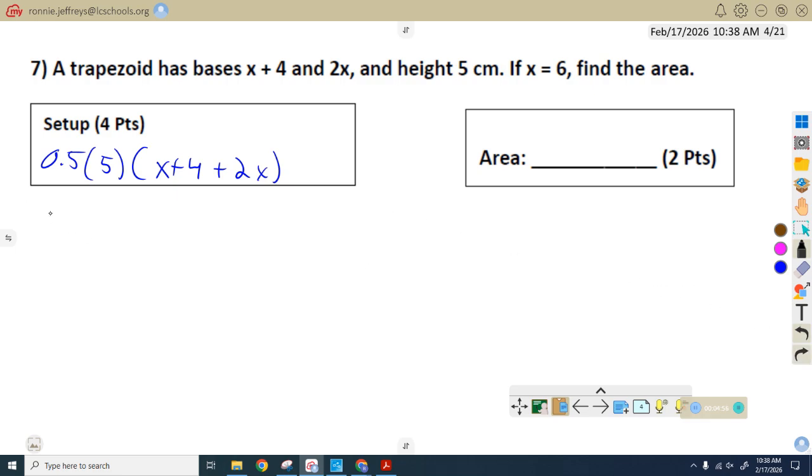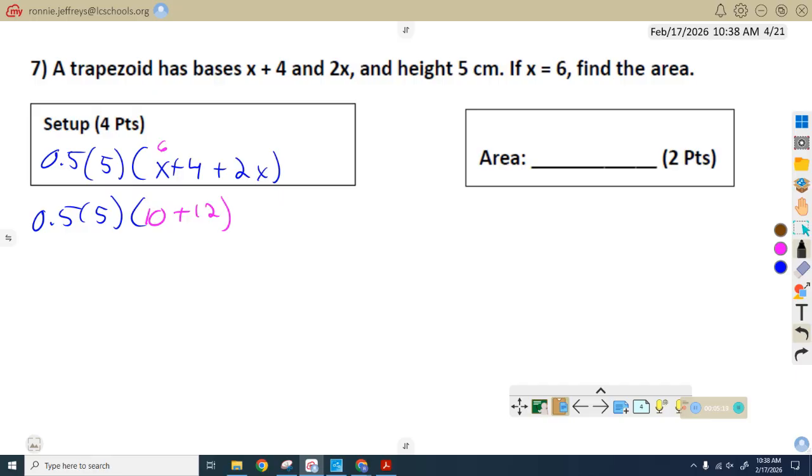Or if you did something like this, because x is 6. If you did something like this, that's fine. Okay? Either way, I was just putting this up here to see how it would work.